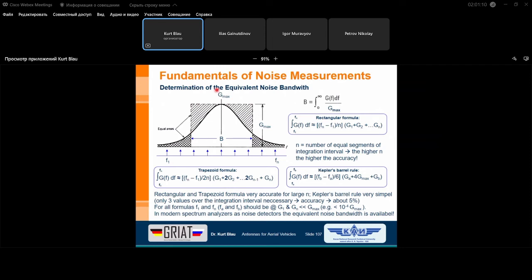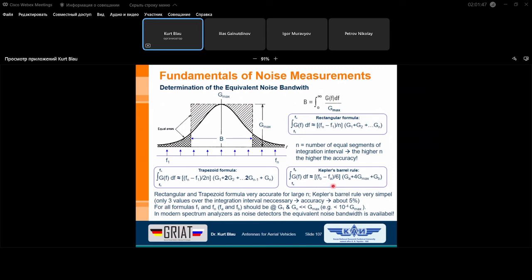Again, in every case, you have to determine the Gmax, the maximum power gain, and you can see it's used here. And then you only have to know two other values, a lower value and a higher value. If you insert these power gains in the formula, then you can find it here, very, very simple.